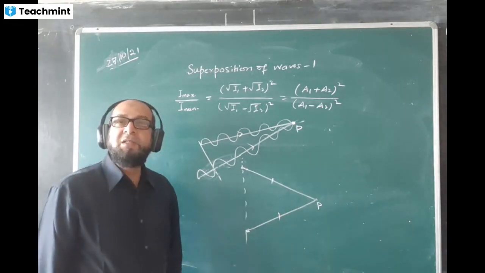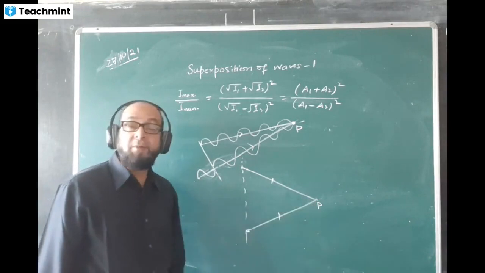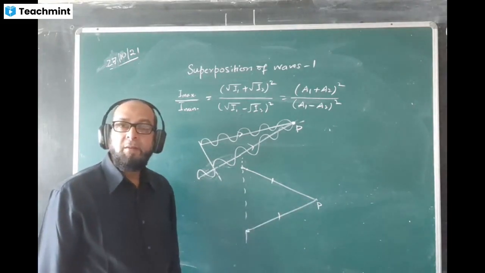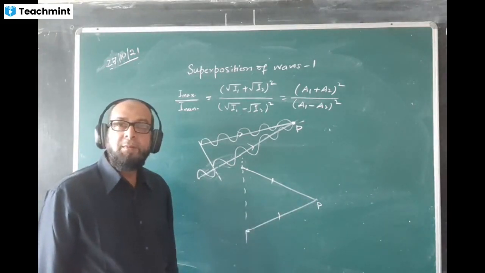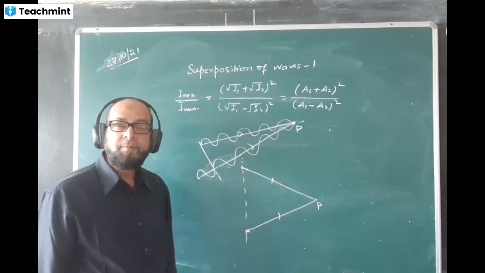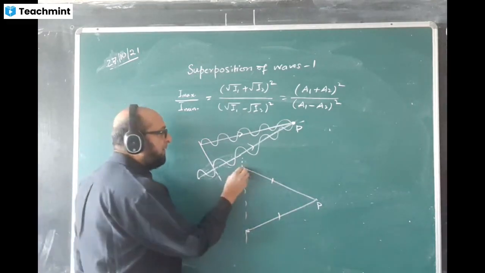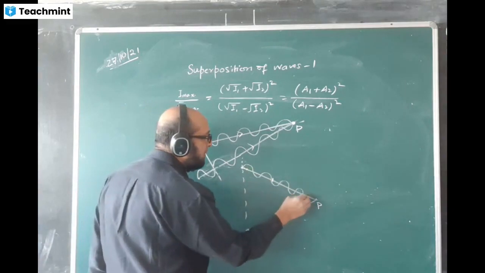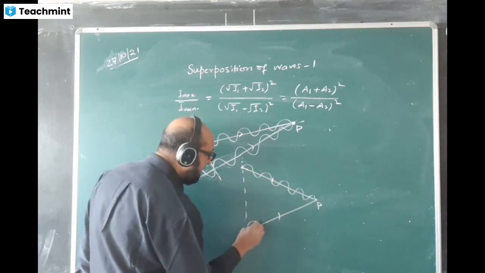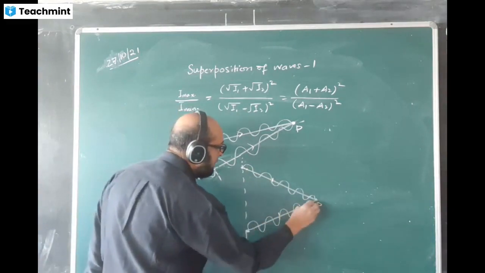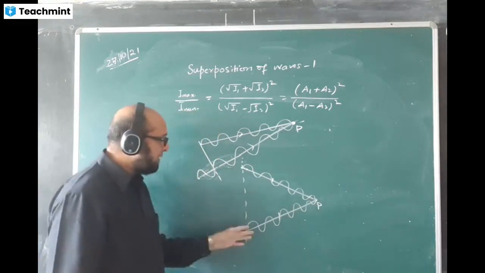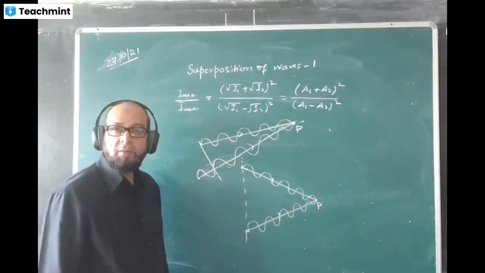If the phase difference is 0, what do you get here? Maximum or minimum? Tell me. Here the waves will come like this. Here also the waves will come like this. These two are the same. There is no extra angle out there.